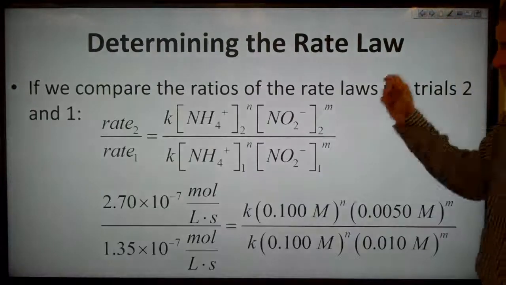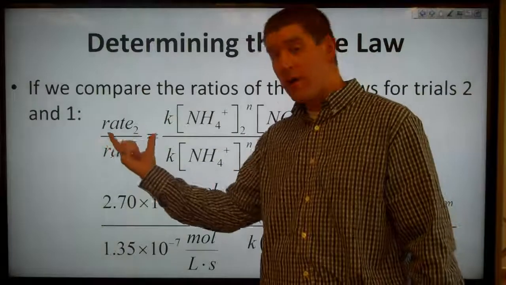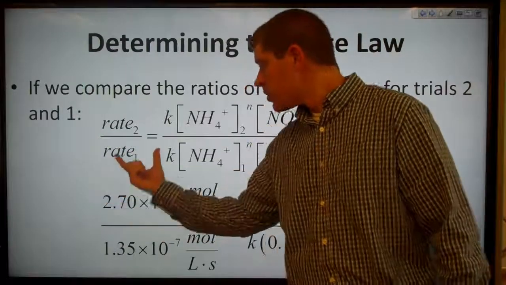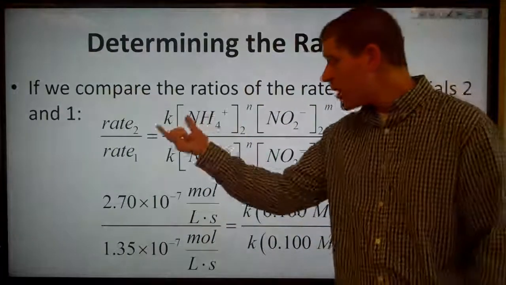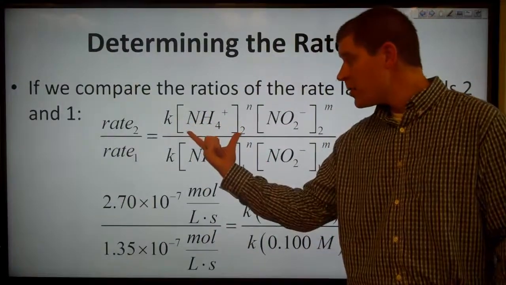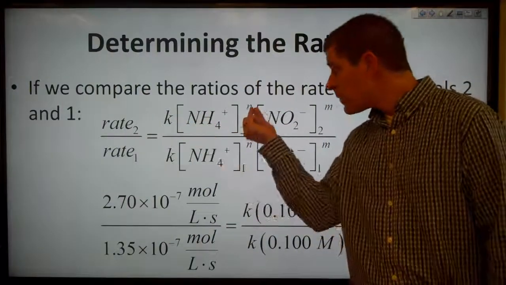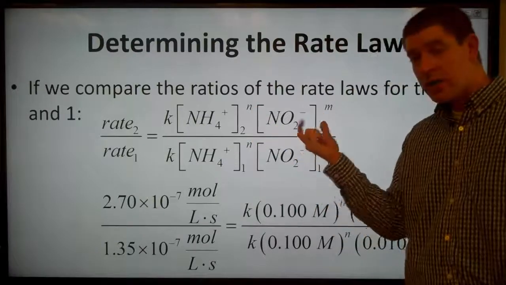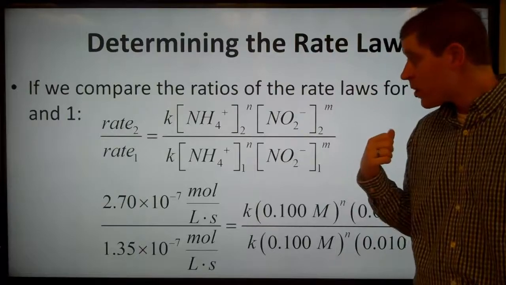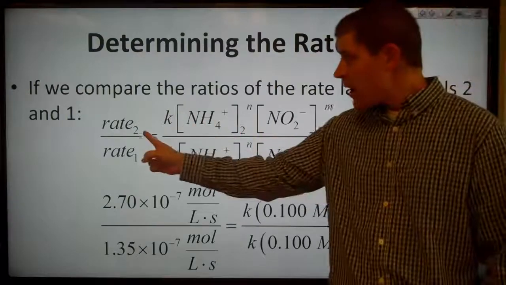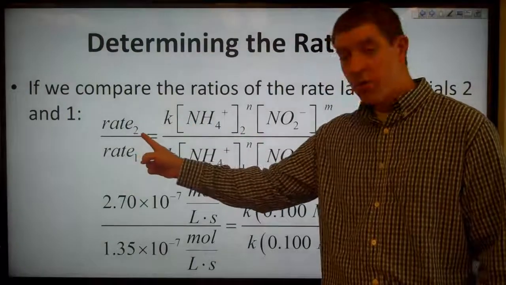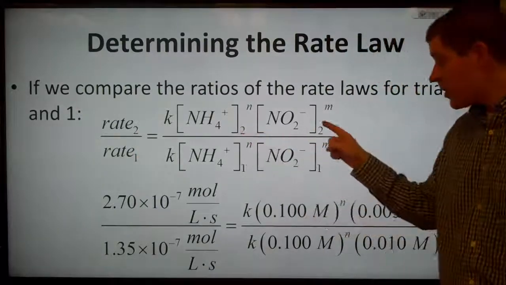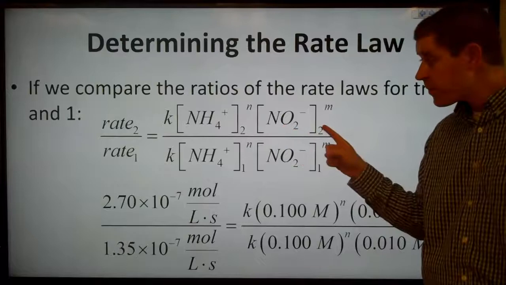So if we take rate 2 divided by rate 1, we're going to calculate this fraction. We know that the rate was equal to k times the ammonium concentration to some power n times the nitrite concentration to some power m. Note that in putting in the subscript 2 for the rate, I'm going to put in a subscript 2 for the concentration of ammonium and a subscript 2 for the concentration of nitrite.